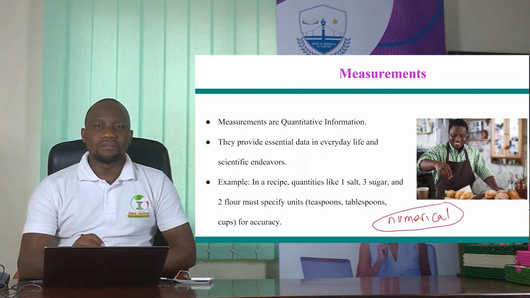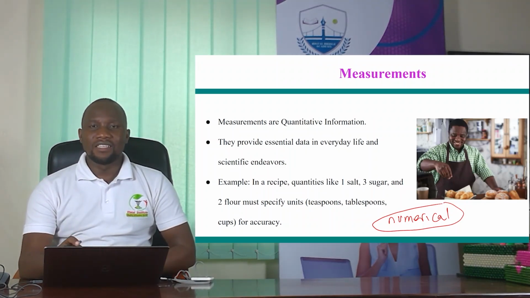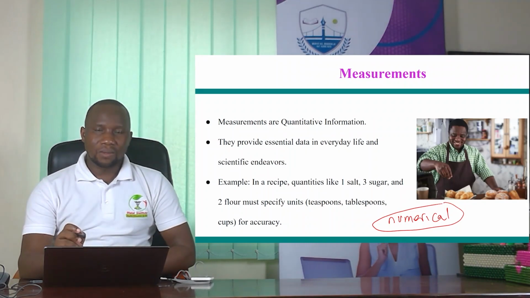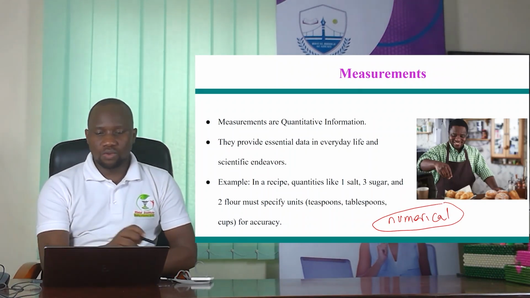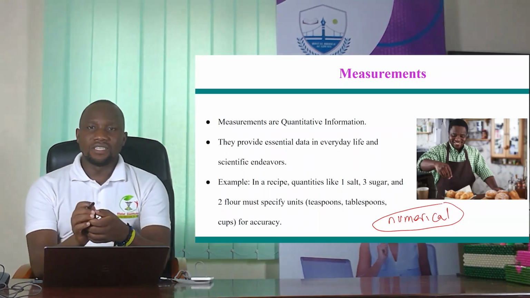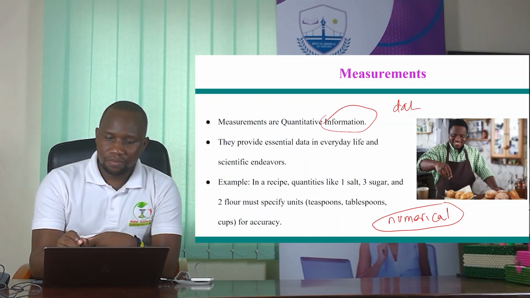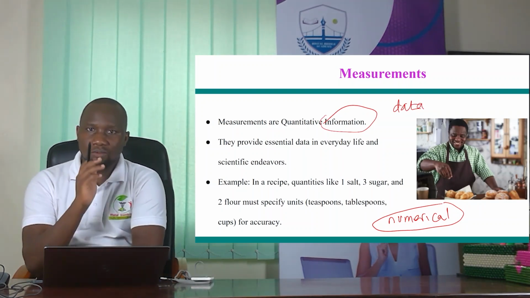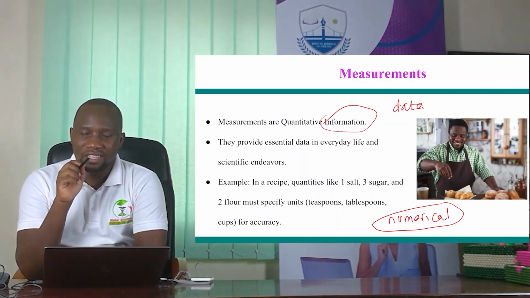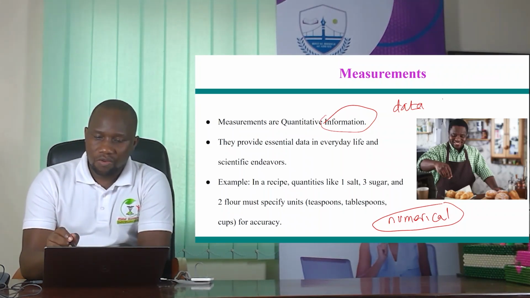Whether it is 1, 2, 3, or 10, measurements are concerned with measuring quantitative, or they give us what we call quantitative data. And from this moment, I want you to get the difference between information and the data.